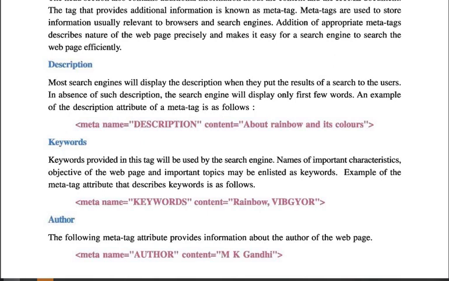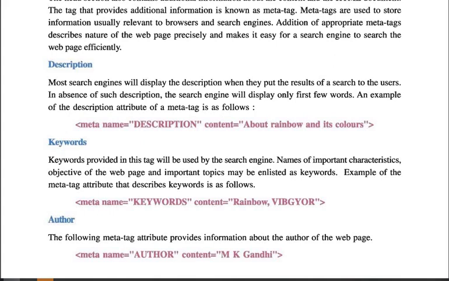It will not be part of your practical work, but you have to understand what a meta tag is. Meta tags give us information about the web page. It is not displayed as content of your output, but it only contains information. If anyone wants to search, they can go through this. Meta name description contains text about the rainbow.